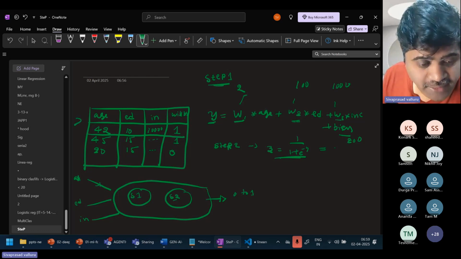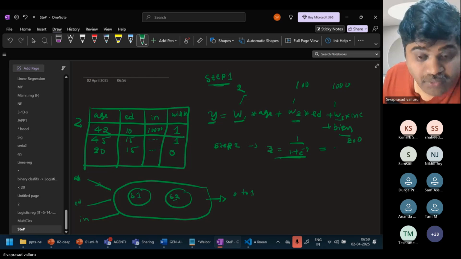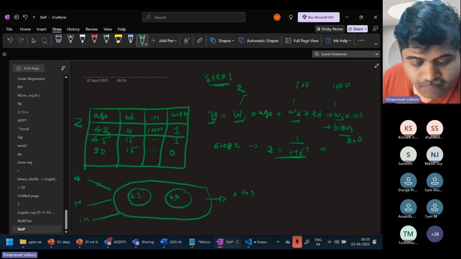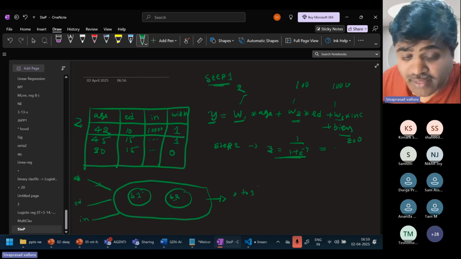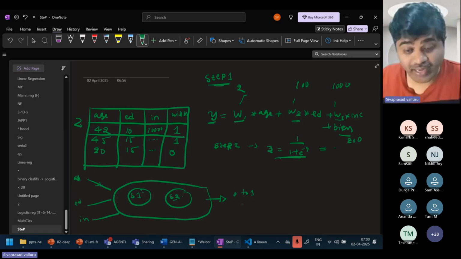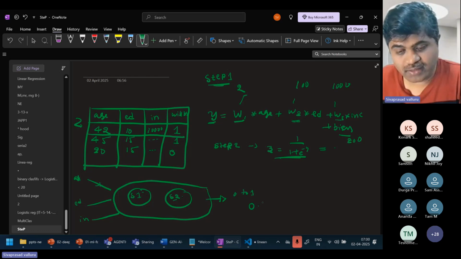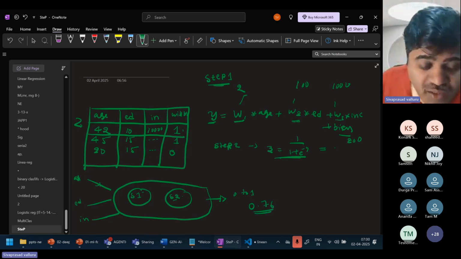Then what? First line, first input is passed. With these weights, Y is calculated. Y is passed to step 2. Assume that I got the value as 0.76. But actual value is what?